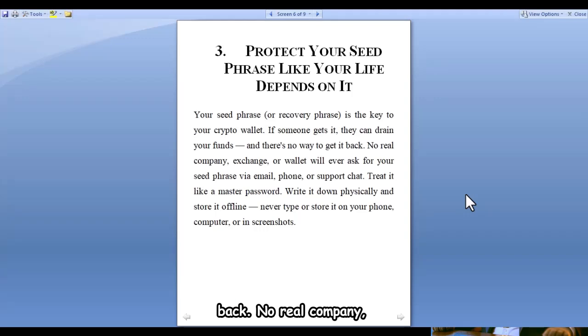No real company, exchange, or wallet will ever ask for your seed phrase via email, phone, or support chat. So treat it like a master password. Write it down physically and store it offline. Never type or store it on your phone, computer, or in screenshots. So always protect your seed.